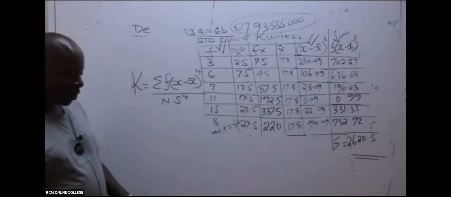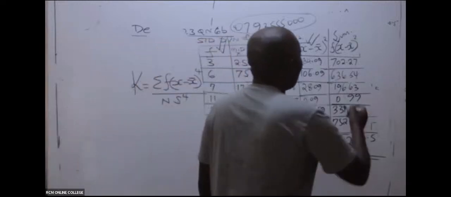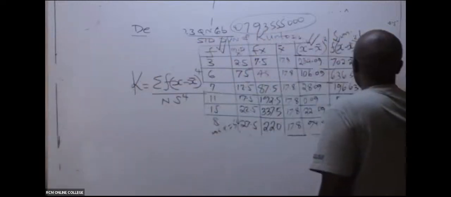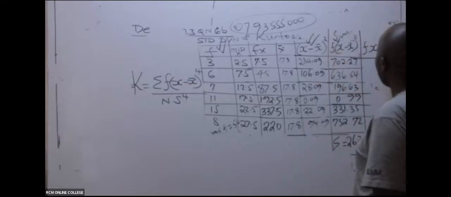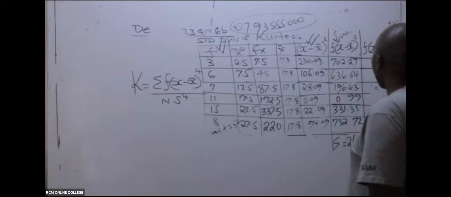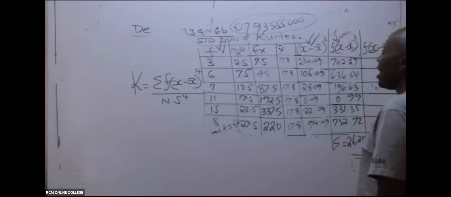So what you need to do is create a column here where you capture the last column, f times x minus x bar raised to power 4. Let me see whether there is anybody who will be able to get the first answer here.